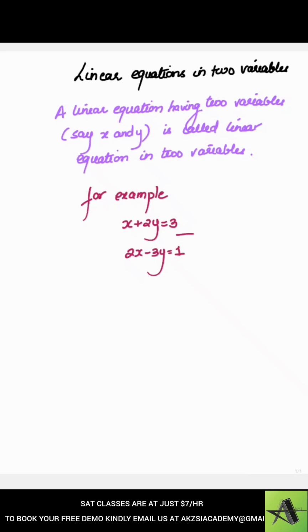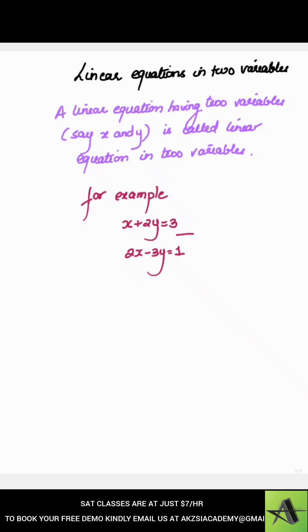Then in that case, and this is mostly the case, you will find a system of linear equations, because if the equations have two variables, you need at least two different equations to get the answer. So the number of equations should match the number of variables you want to calculate.